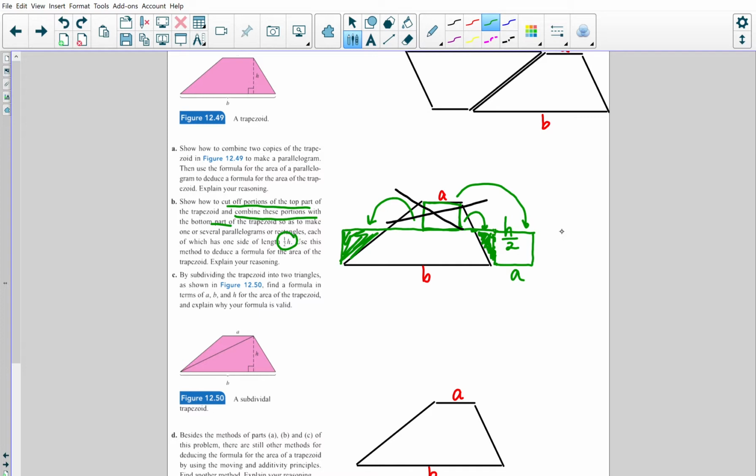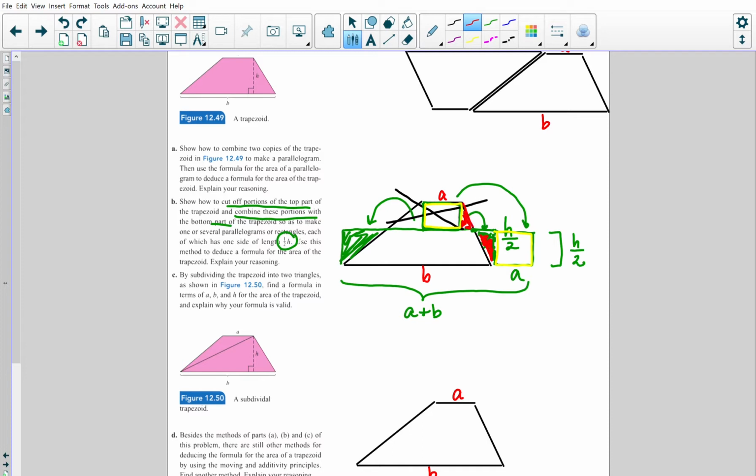And now I have this long, skinny rectangle with a height of H over 2 and a full base of A plus B. And that is just all of the parts of the trapezoid moved around. Again, the little rectangle up here came down there. The triangle here came here.